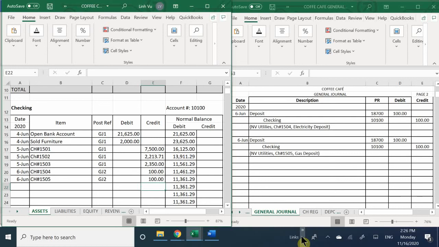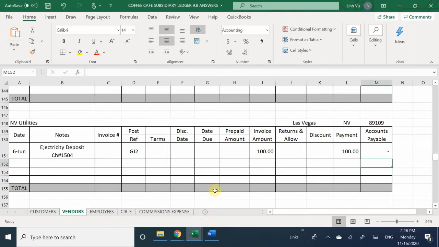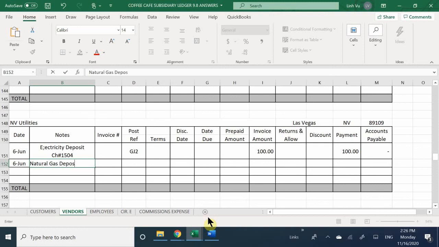Now that we completed our ledger, we can move on to our subsidiary ledger. Since the last thing that we dealt with was NV Utilities, here we are again. So go ahead and place the same information in here. But this time I have natural gas deposit. And it was for check number 1505.